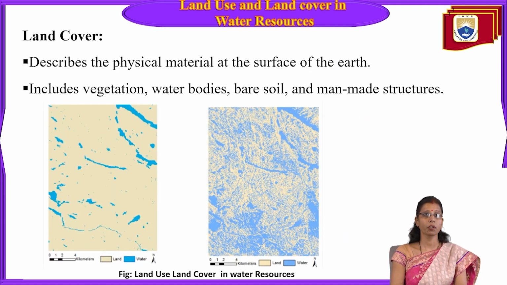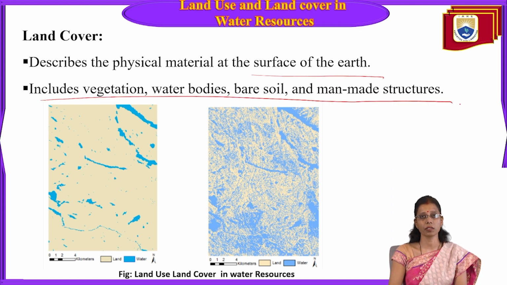Land cover describes the physical material at the surface of the earth, which includes vegetation, water bodies, bare soil, and man-made structures. So land cover is what is naturally covered by soils, water bodies, mountains, rivers, vegetation, forests. This all comes under land cover.